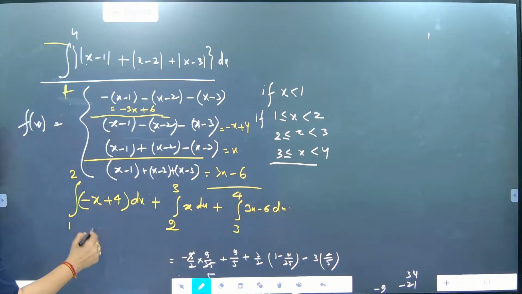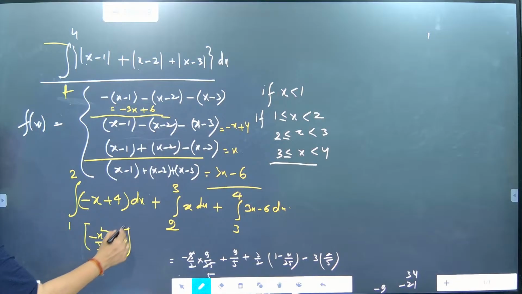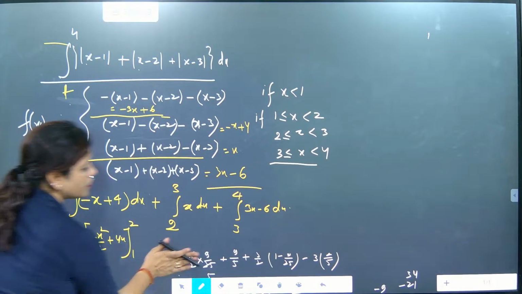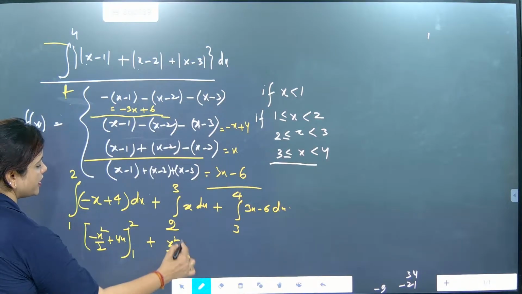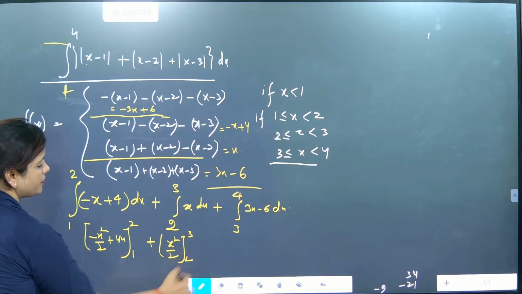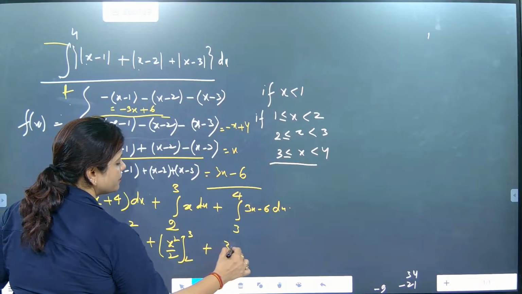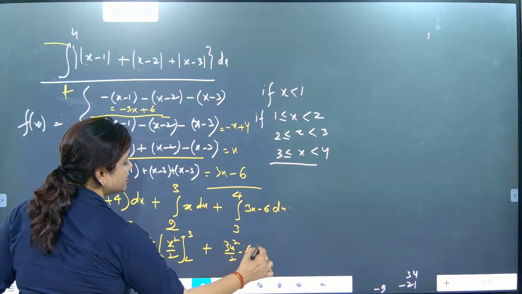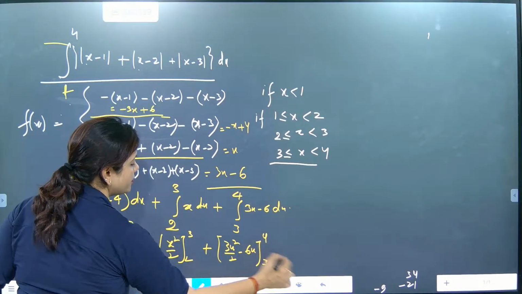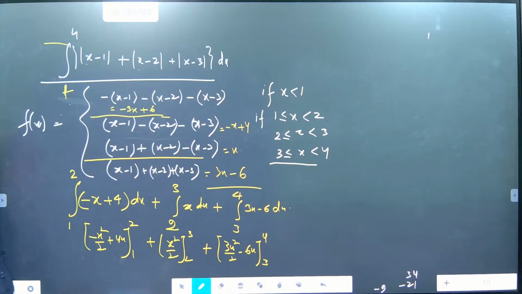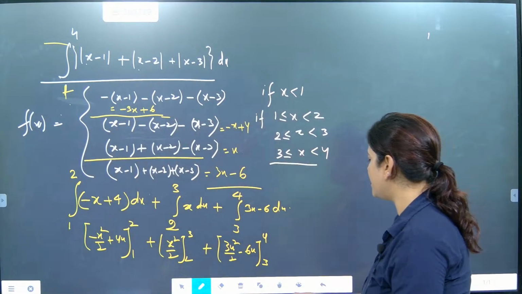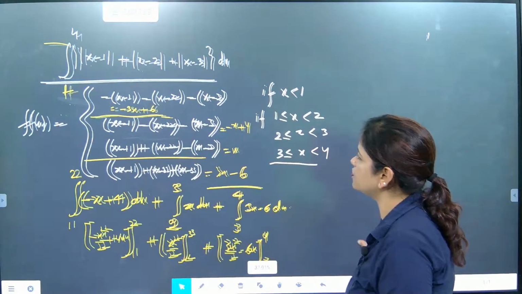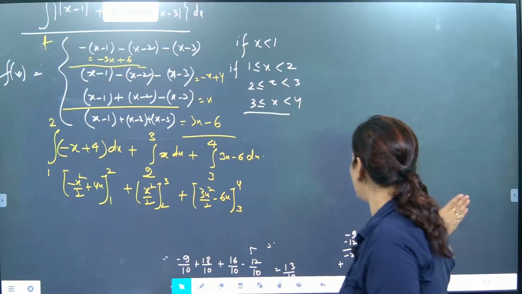So first this one will become minus x square by 2 plus 4x, upper limit is 2, lower limit is 1. Okay, and next part here it will become x square by 2, upper limit is 3, lower limit is 2. And then here it will become 3x square by 2 minus 6x, upper limit is 4, lower limit is 3. That's it, bingo. That means after this we only have to substitute the upper limit value, then substitute the lower limit value, and you will get the answer.